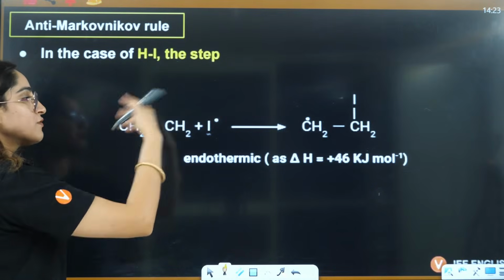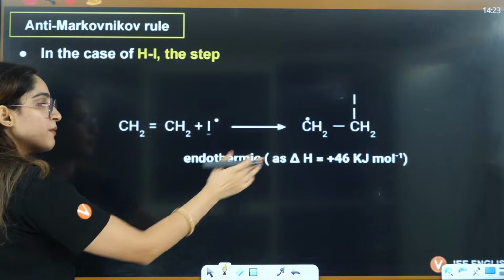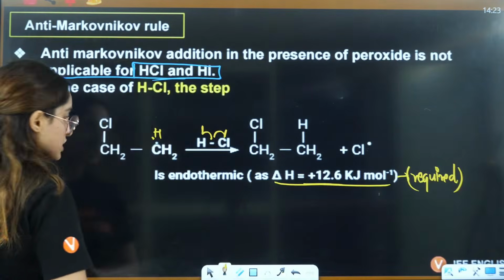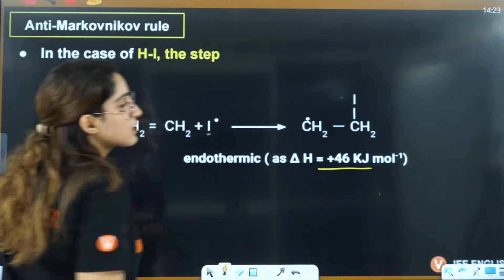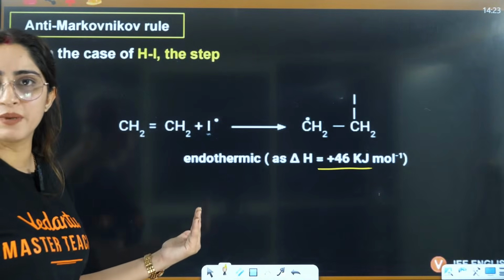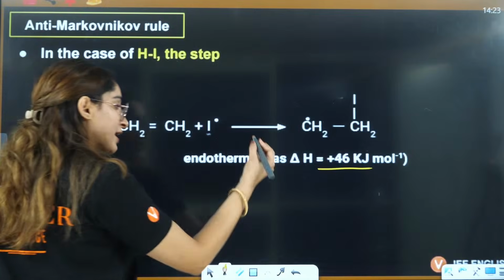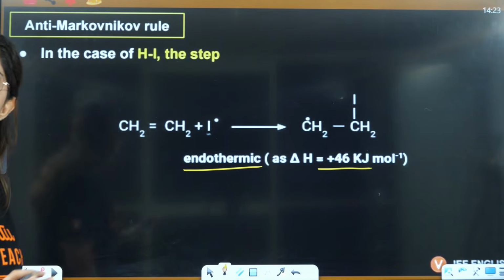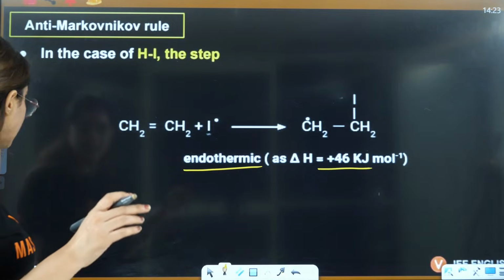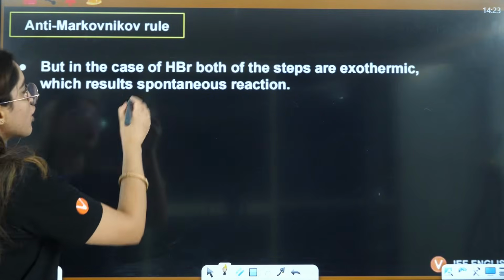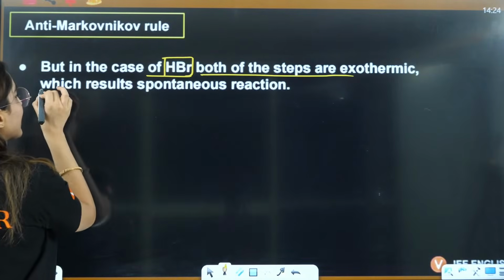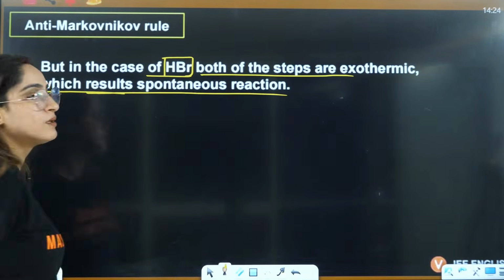For HI, why is it not applicable? Because this is reversible. Again, a very high amount of energy is required, and this one is 46 kilojoule, which will make it a reversible process, right? So that is again the reason, because a high amount of energy is required. It is also not applicable for HI. So in case of HBr, both are applicable, because both steps are exothermic.